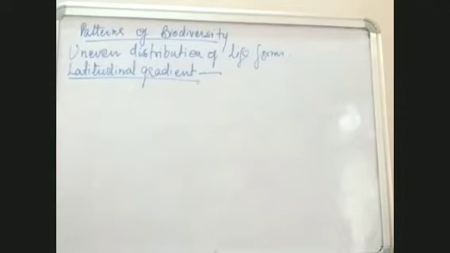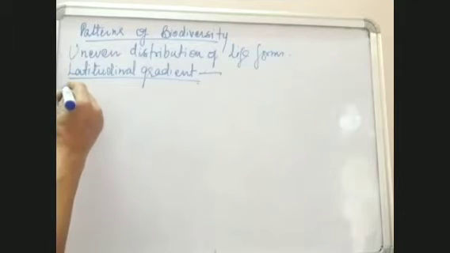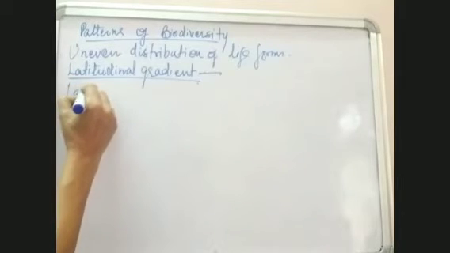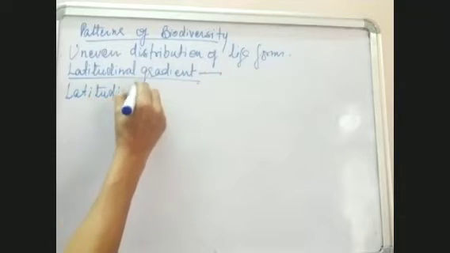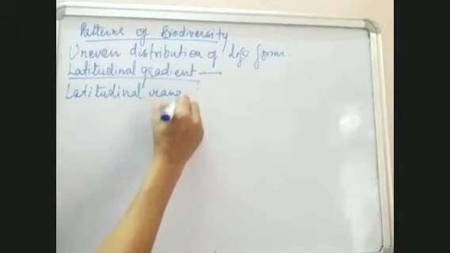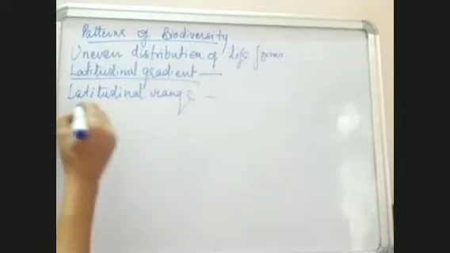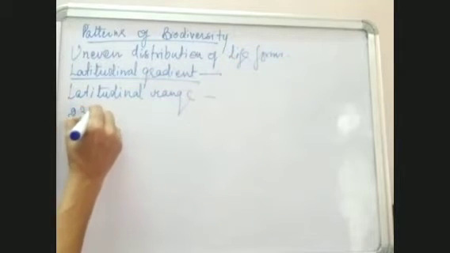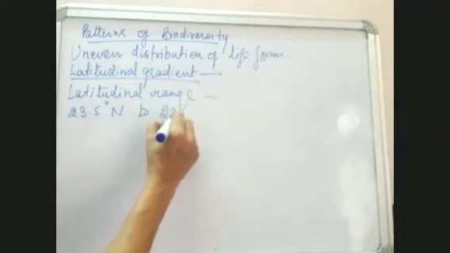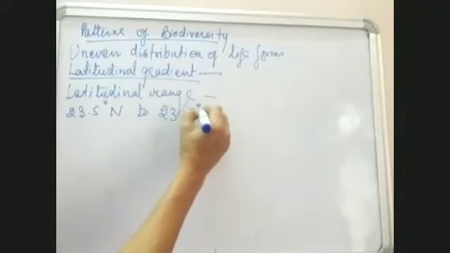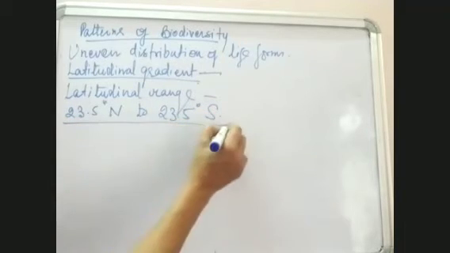Now here, there are examples. First of all, I'll tell you about the latitudinal range. This latitudinal range is from 23.5 degrees north to 23.5 degrees south.